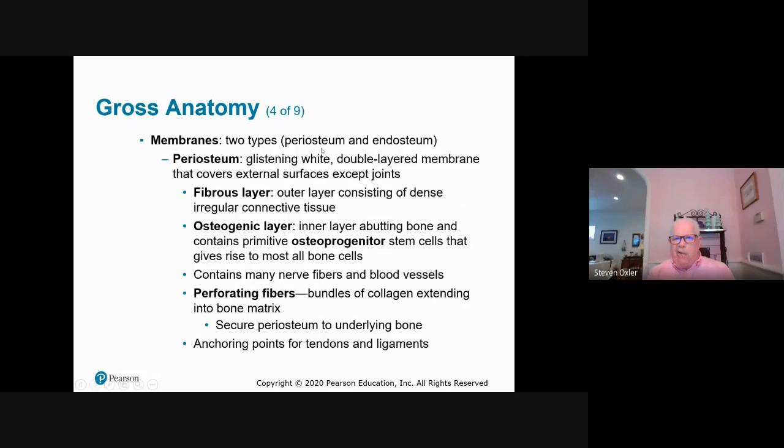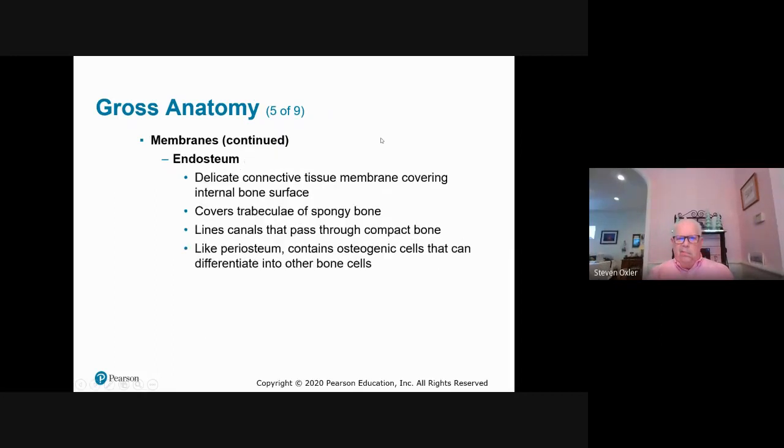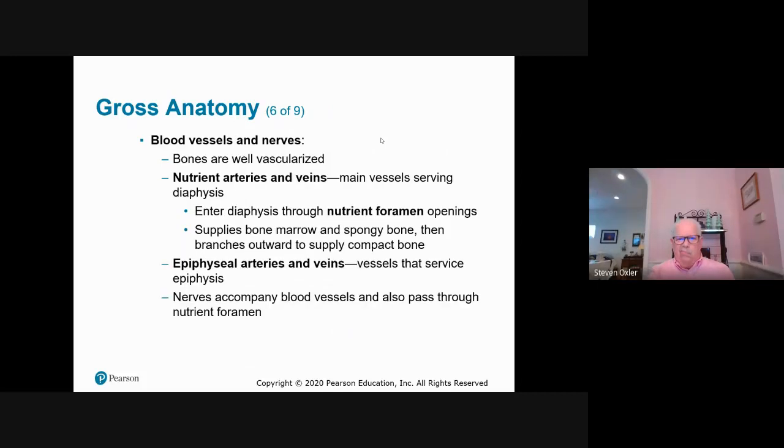Peri means around, outside. Endo means inside. That's important. That's really all I want you to know about periosteum and endosteum. You won't remember the rest. It's not important.